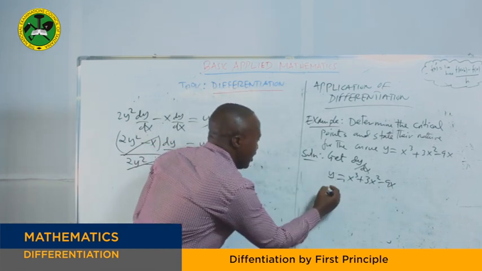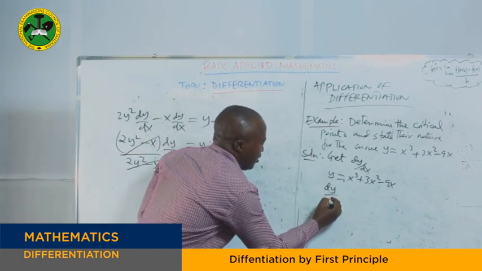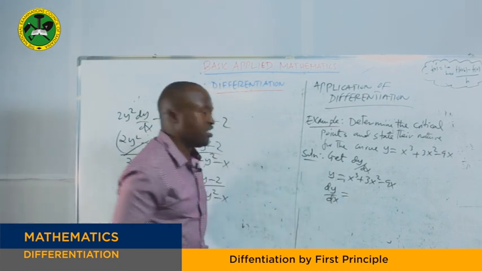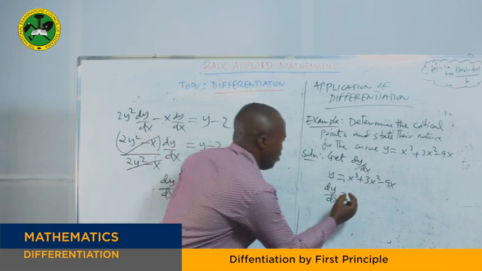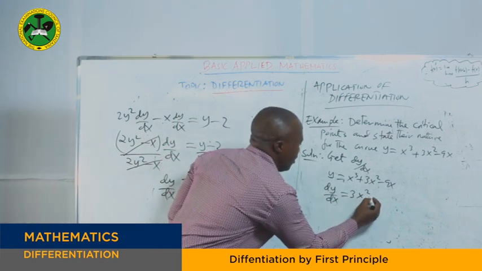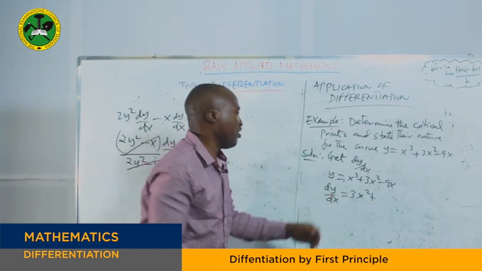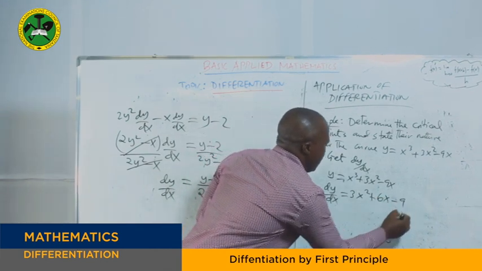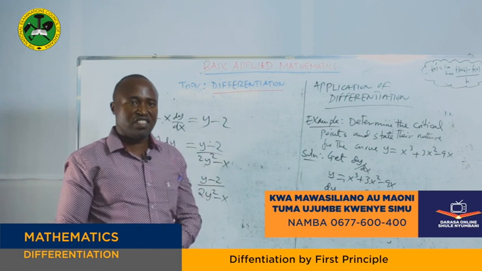Now to get dy/dx, we just differentiate the given function. We have 3x² plus 6x minus 9. So that is our first derivative.